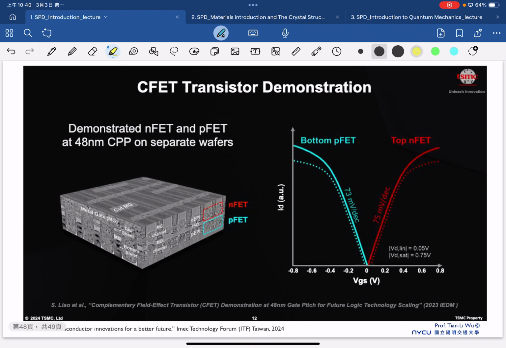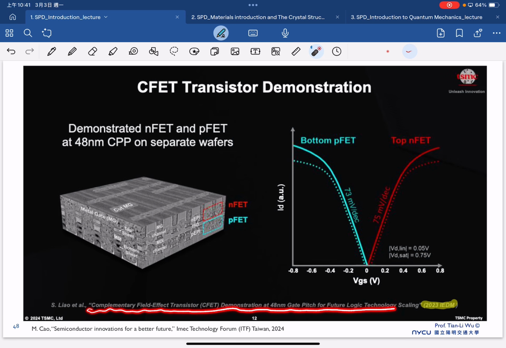This is not the first demonstration, but one of the demonstrations from TSMC, at the 2023 IEDM: a complementary CFET demonstration at a 48 nanometer gate pitch for future logic scaling.